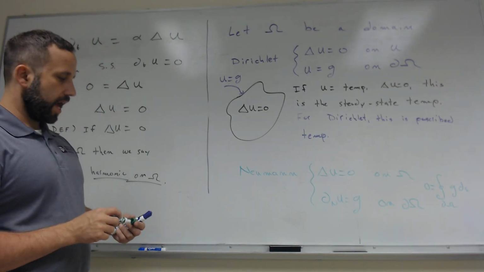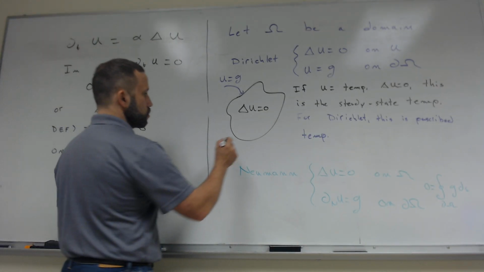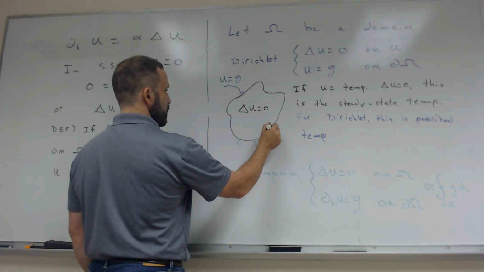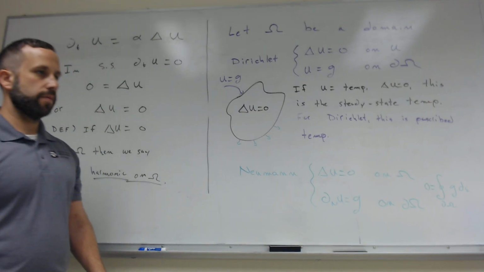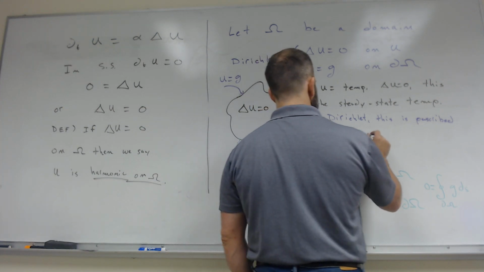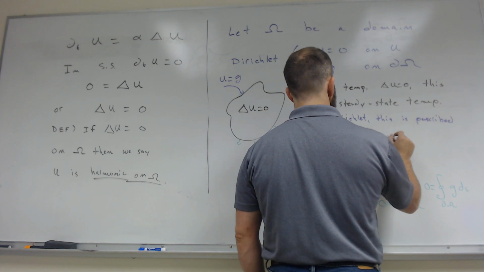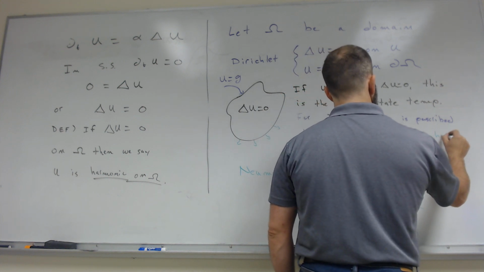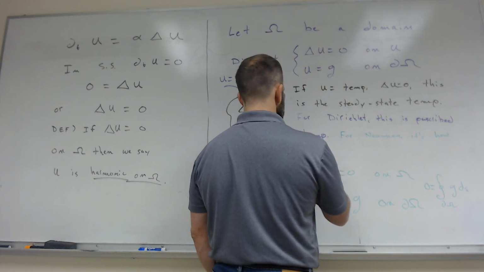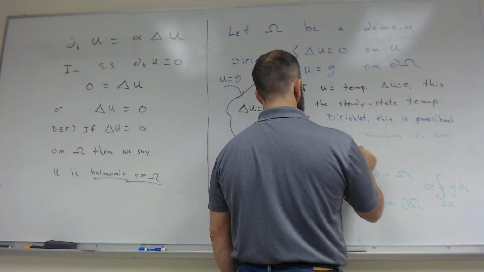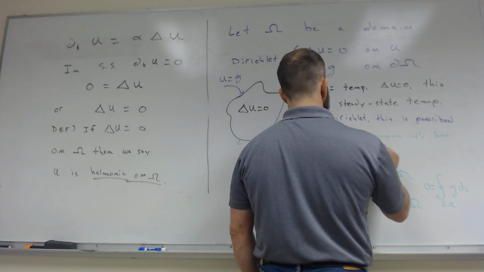Okay, so in this case, what we're prescribed is how the heat is flowing out of the boundary. So for Neumann, it's how heat is flowing outside of the boundaries.